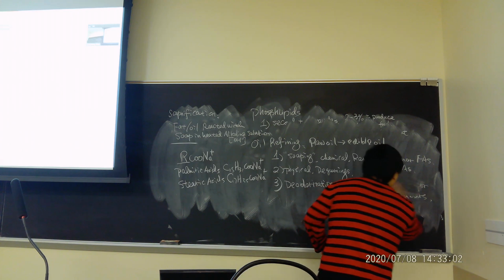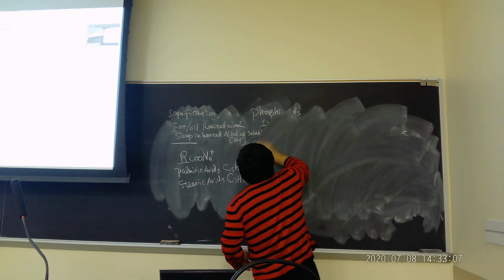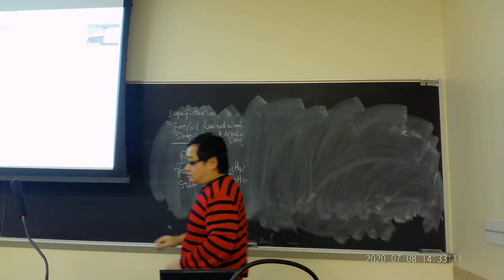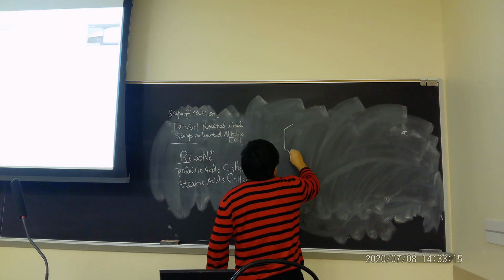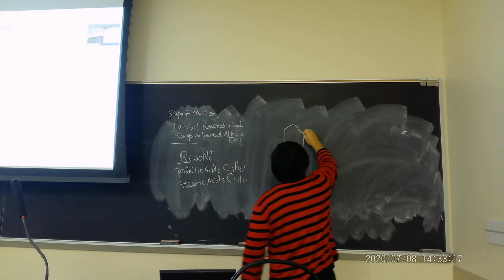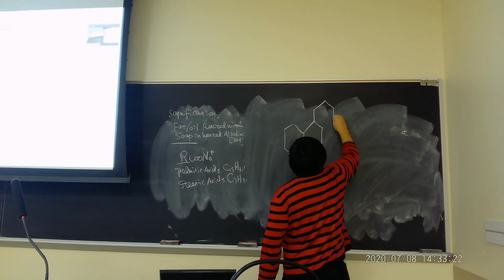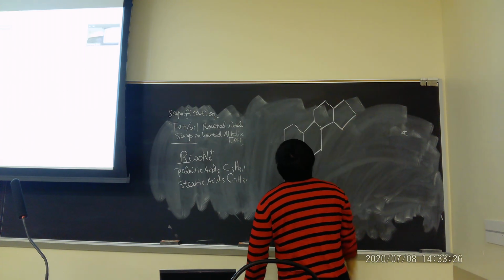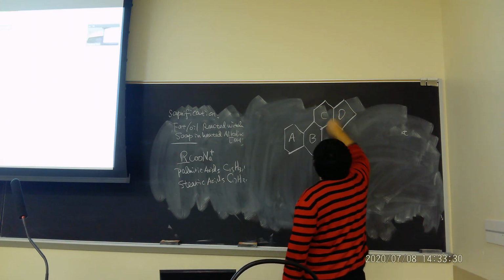Cholesterol. So what does cholesterol look like? With cholesterol, we want to talk about the steroid structure. You always know it like this. This is the AB ring, this is the CD ring.